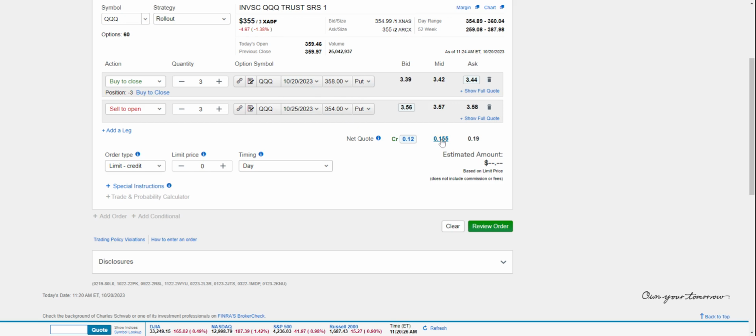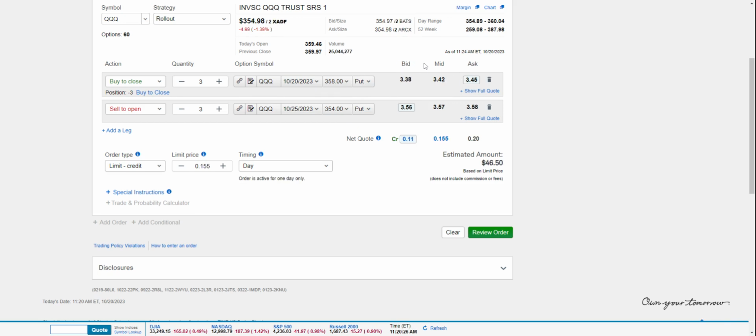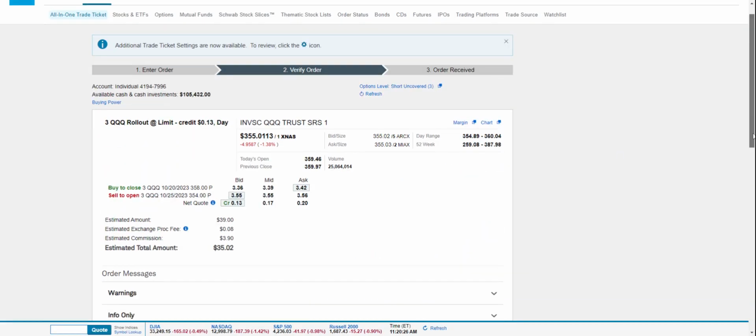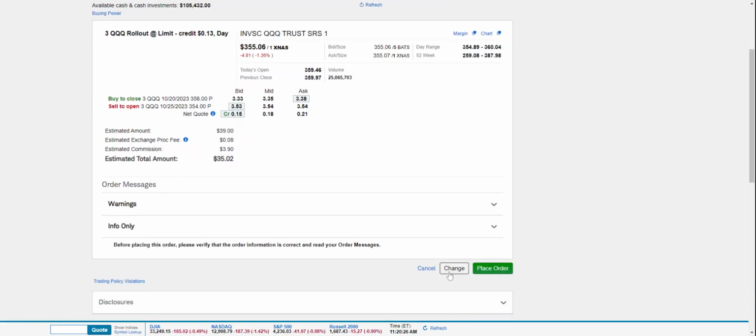As you pick the mid, there's a bid, mid, and ask. As you pick the mid price, and I'm likely to get filled, I might go a little bit less. Okay. I'll try this for now. Review order. Okay, you know what?